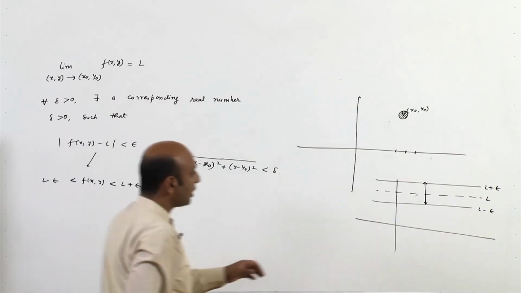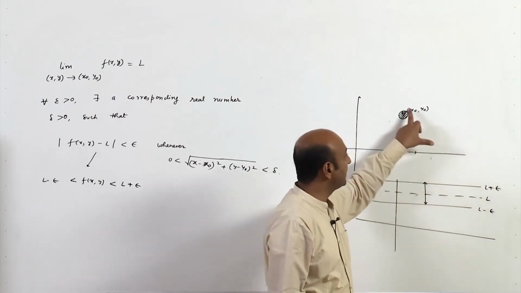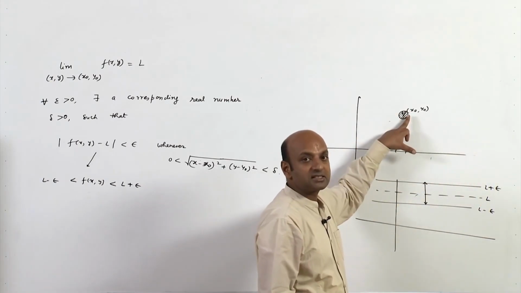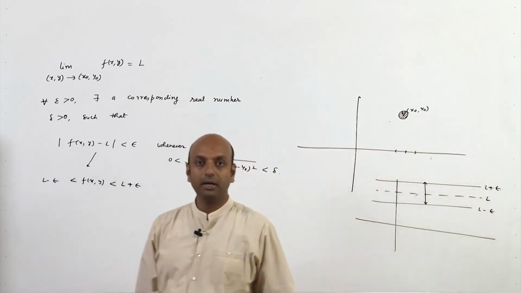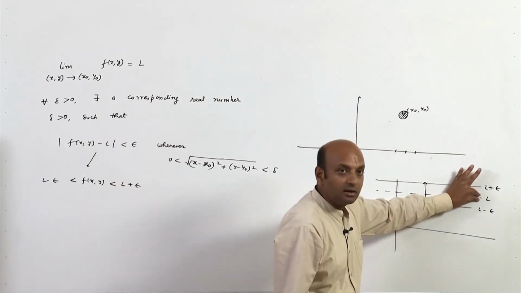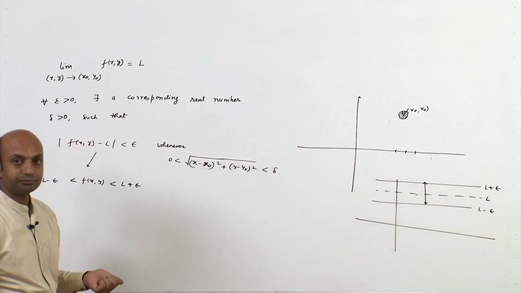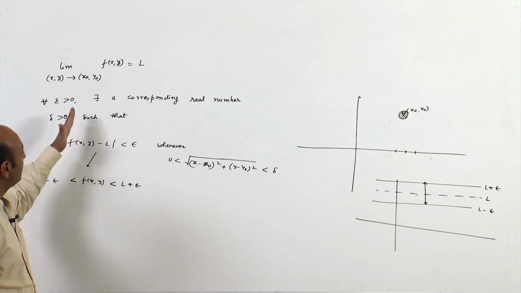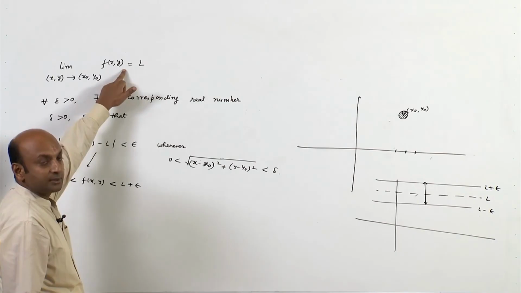No matter how small or how large an epsilon you take, there will always exist a corresponding delta such that the image of all those (x, y) lying in this disk will be totally contained in this band. So, as epsilon tends to 0, this tends to L and this tends to (x₀, y₀). So, this is how we can define the limit for two variable functions.